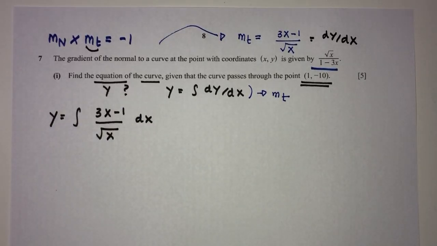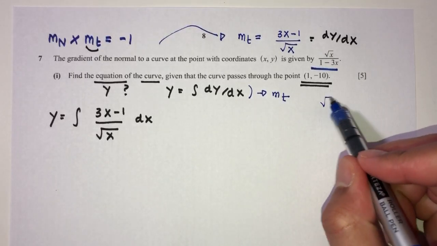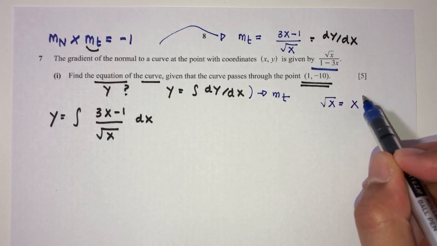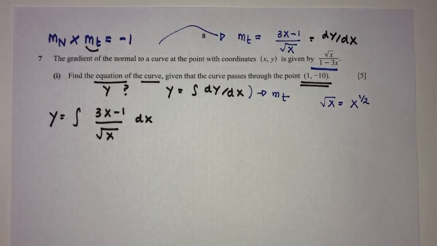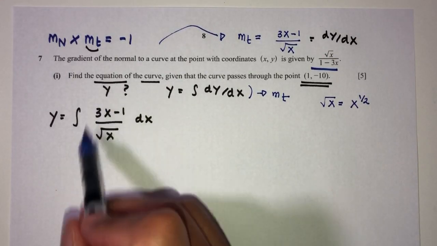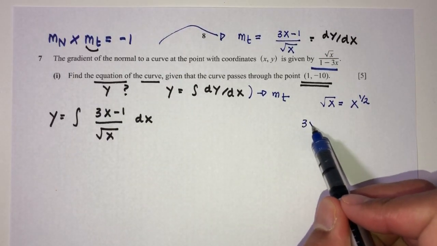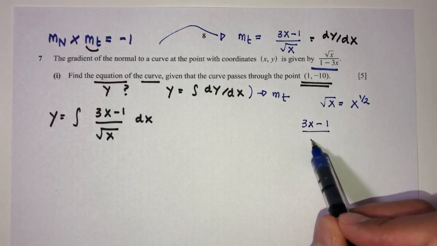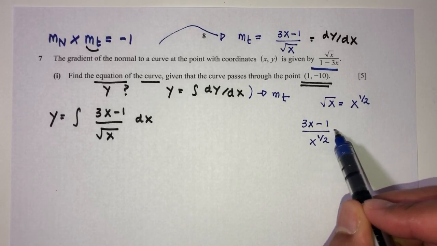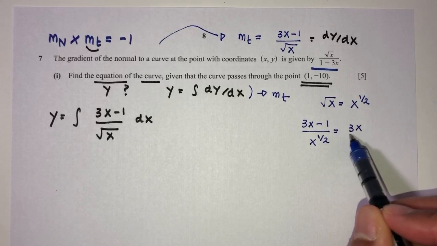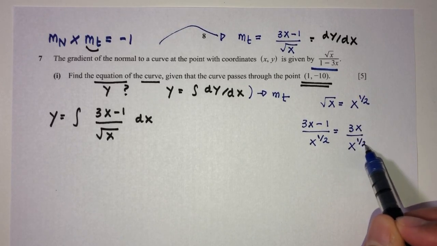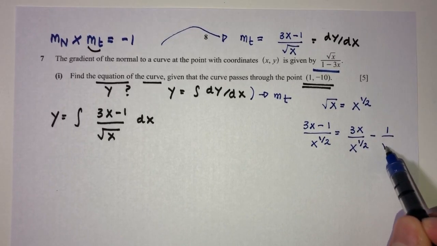Now we have to observe something. We can always simplify this. What is root of x? It is x power half. Now we can simplify this fraction. So we have (3x minus 1) over x to the half. This can be 3x over x to the half, and minus 1 over x to the half.